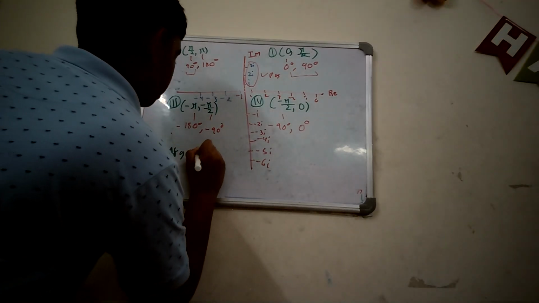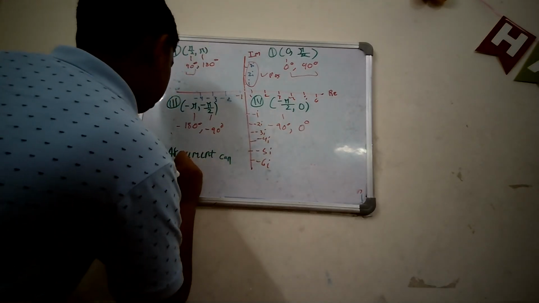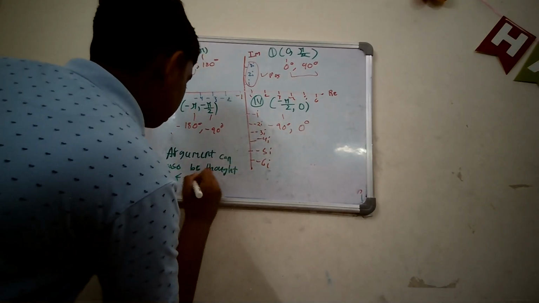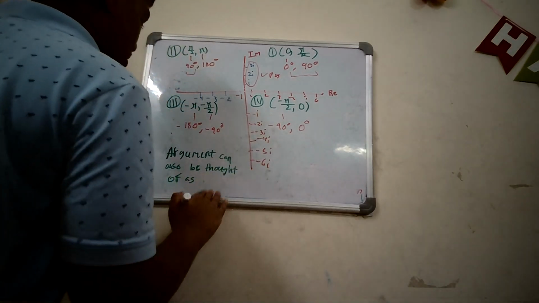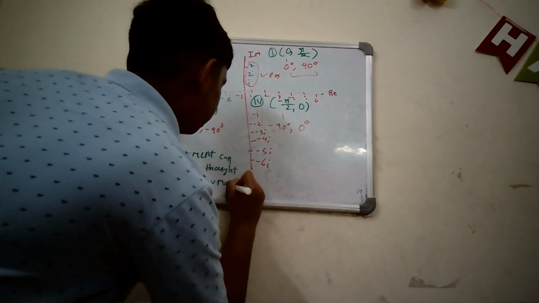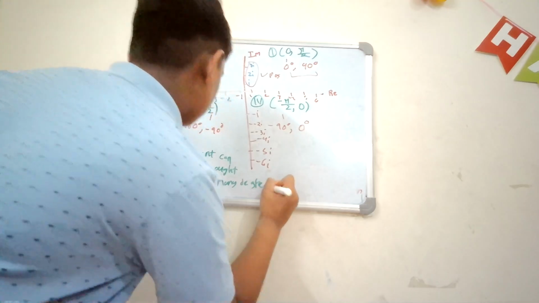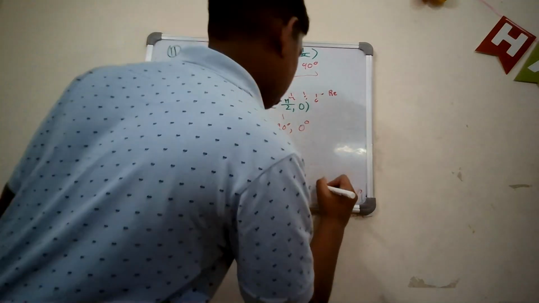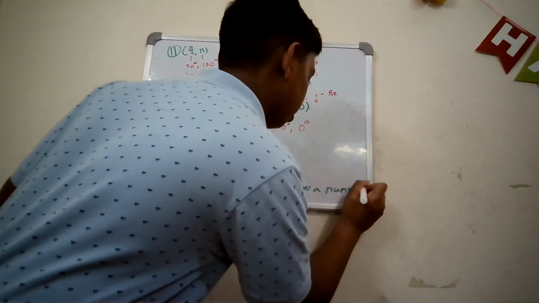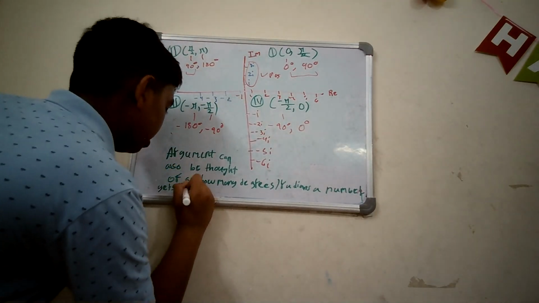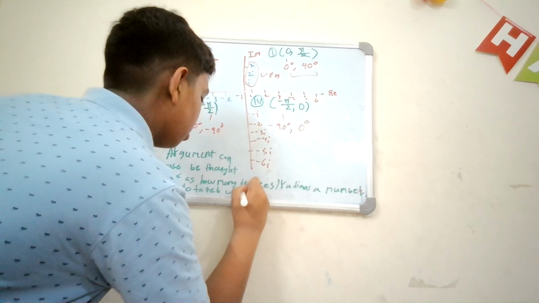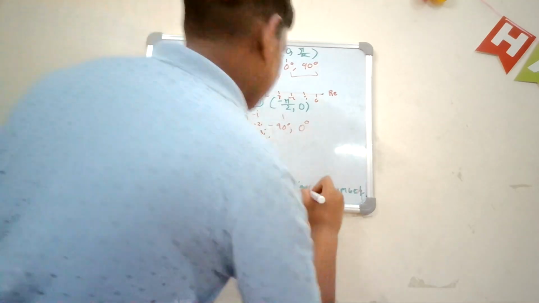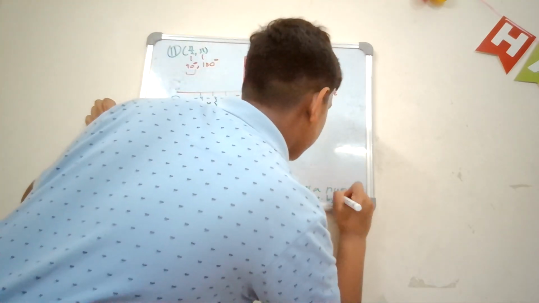Argument can also be thought of as how many degrees or radians a number gets rotated when we multiply the number by it.